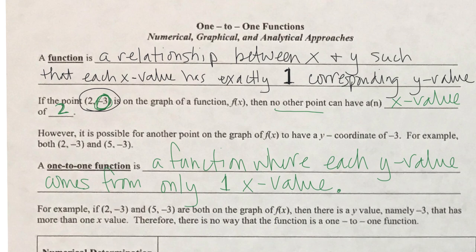If you think about a quadratic, y equals x squared, if we square negative 3, that's 9. So if we have an x value of negative 3, we have a y value of 9. Similarly, if we have an x value of positive 3, we also have a y value of 9. And a quadratic is, in fact, a function, but it's not a one-to-one function.